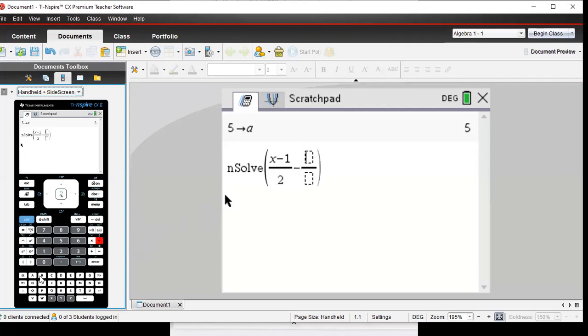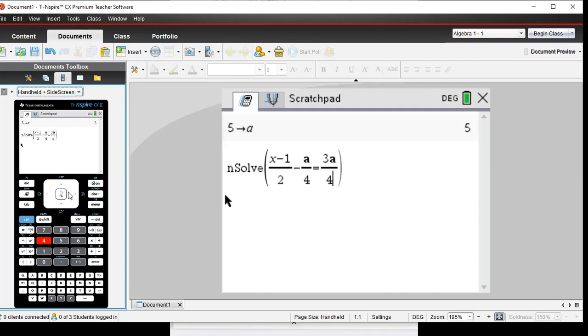So I'm going to keep the A over 4. And then I'm going to do the equal sign, and then a stack fraction, and this is going to be 3A over 4.